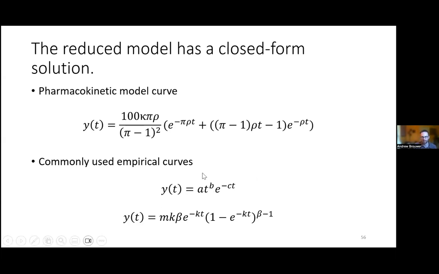Well, this first curve in particular is nasty from the perspective of integration because it doesn't integrate to 1, it integrates to infinity. For 90 minutes, maybe it's close enough, but it has some unappealing traits. So I'm hopeful, although it's hard to make paradigm shifts, that this first curve fits just as well as these other empirical ones and is better from the perspective of having some interpretability of the parameters. So I do think there's value in the exact solution.